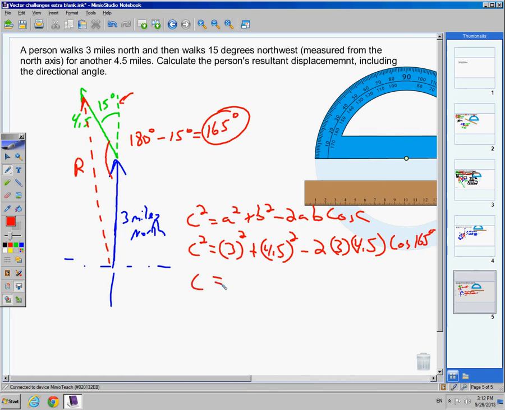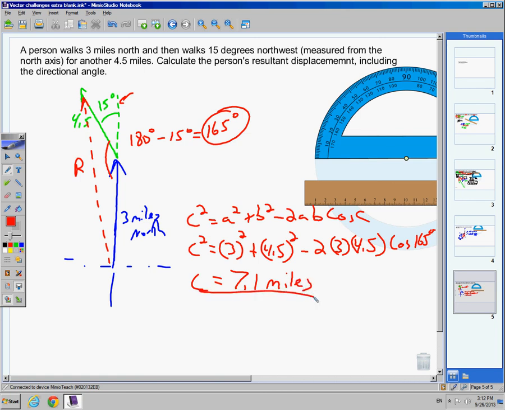Solving for C, doing all my math, I get an answer of 7.1 miles.